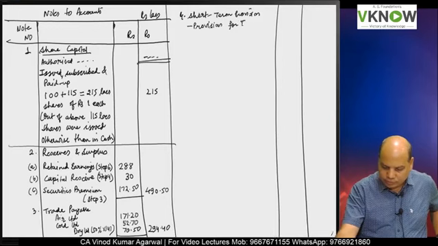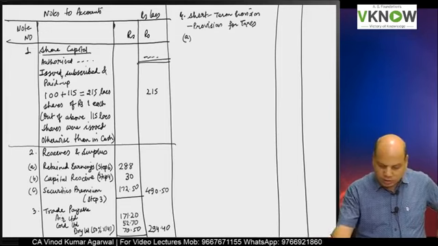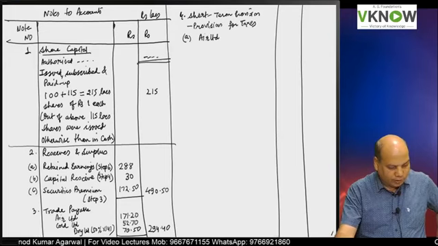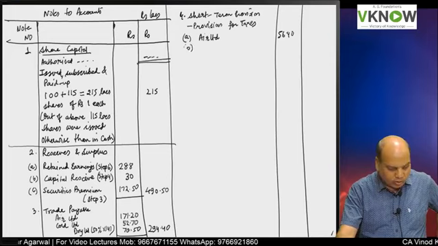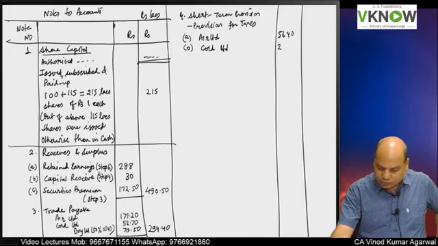Under that write down A, Air Limited full, 56.4. Cold Limited full, because it's our subsidiary 100%, 24.